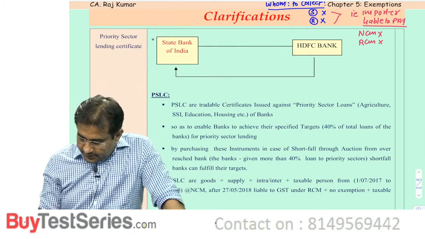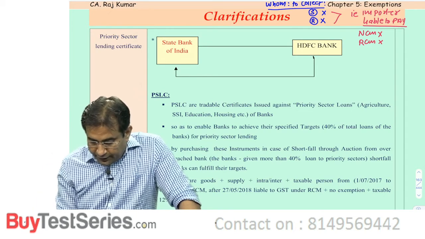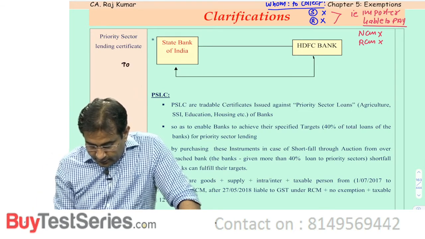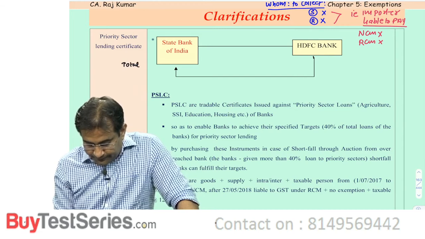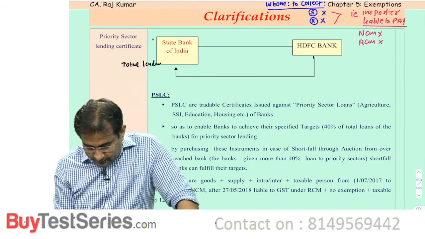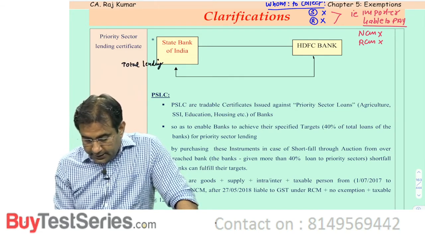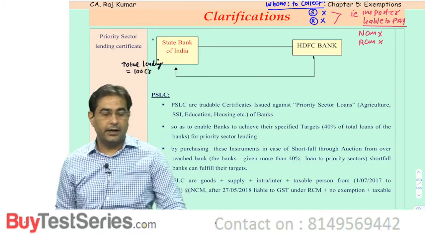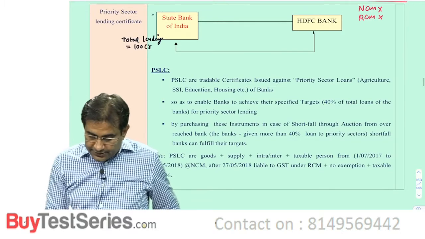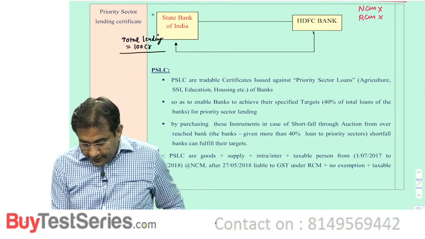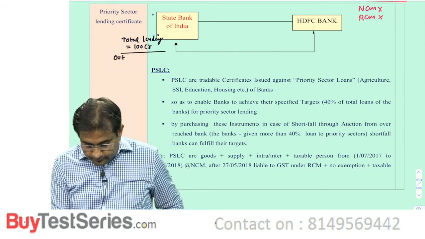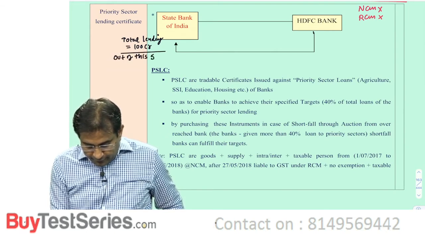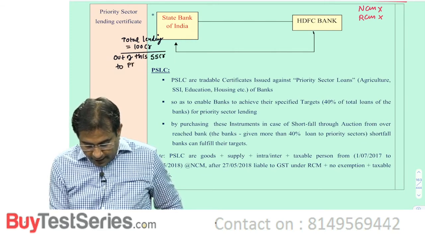Suppose here is the State Bank of India, and the total lendings of State Bank of India are rupees 100 crore. Out of this 100 crore, 55 crore to priority sector.